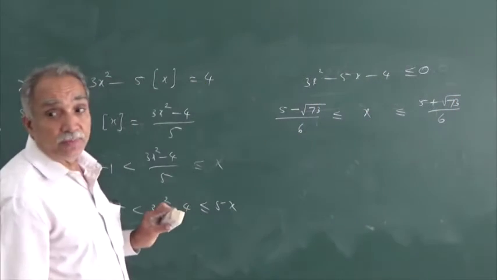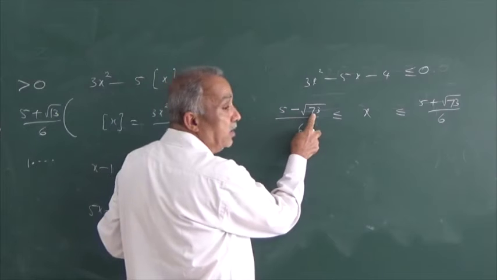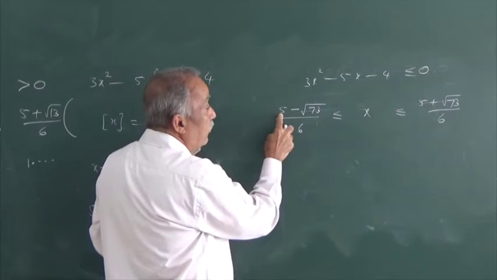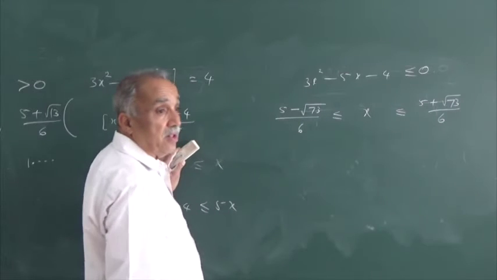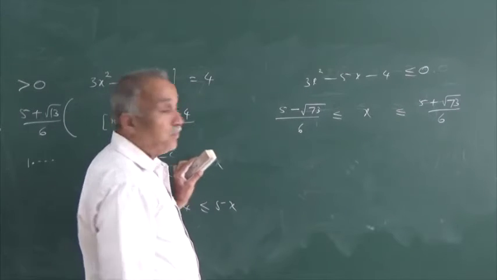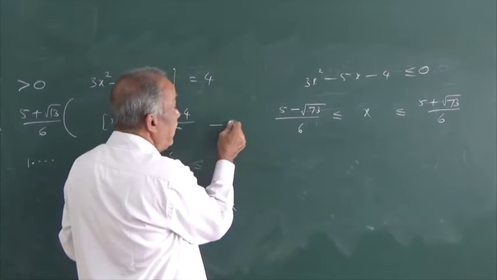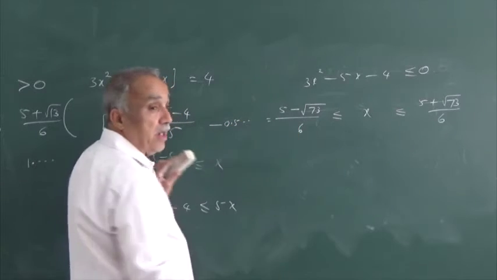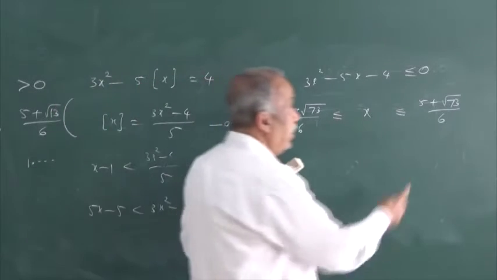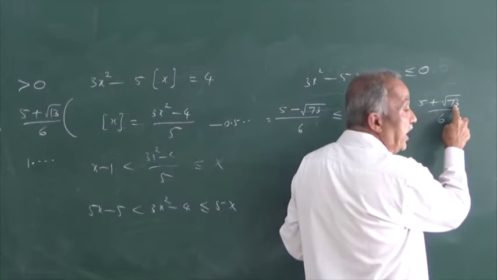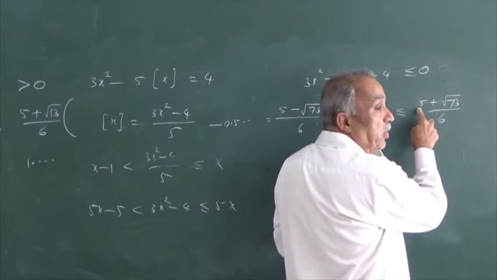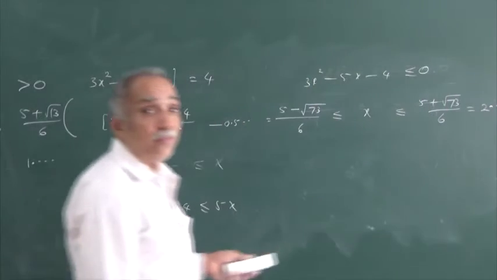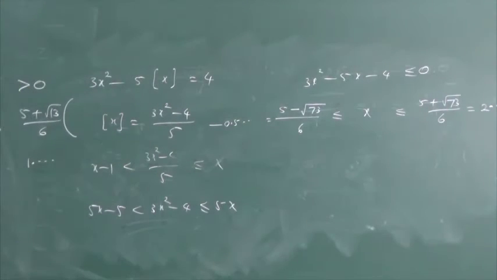x must lie between the roots. Roughly, this is 8 point something, 5 minus 8 point something, minus 3 point something, divided by 6, is minus 0.5 something. Agreeable? And on this side I have 8 point something plus 5, 13 point something, divided by 6 is 2 point something. Okay.